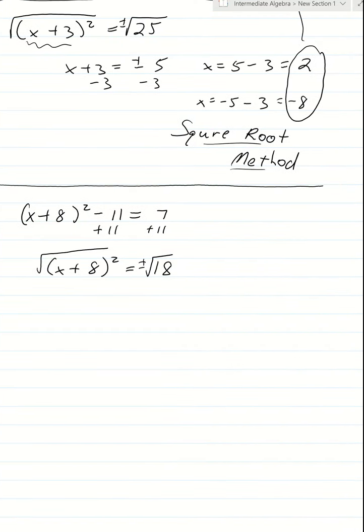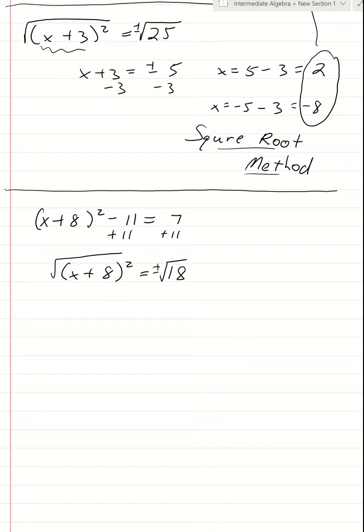Here now, on the left side, we're getting rid of that squared quantity, leaving us with just the radicand, x plus 8, equaling plus or minus. Well, the square root of 18, that's not a perfect square, but let's simplify. I will, of course, use my factors, 9 and 2, and when we take the square root of 9, we get a 3 square root of 2.